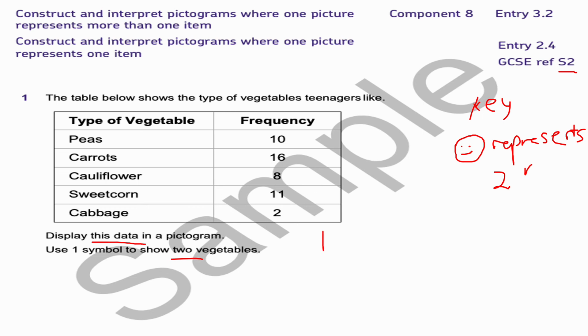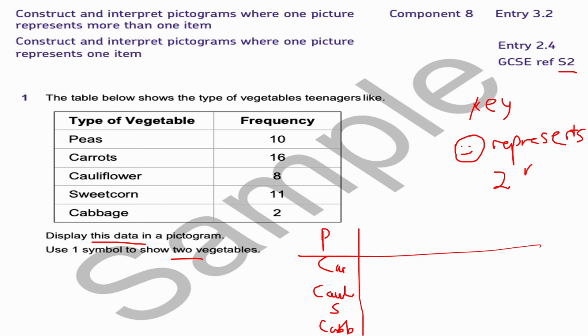So let's just put some letters to it. So P for peas, and I'll just put CRA there for carrots, and then I'll put CAU for cauliflower, and then I'll put an L just to be clear. We're going to have sweet corn and we're going to have cabbage. Okay, I'm going to draw a pictogram.